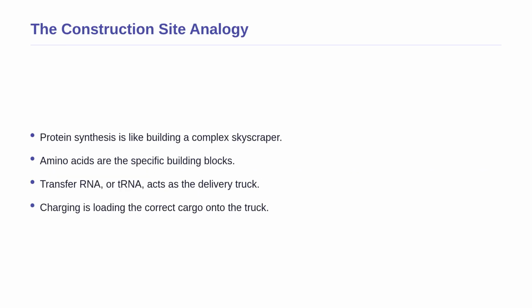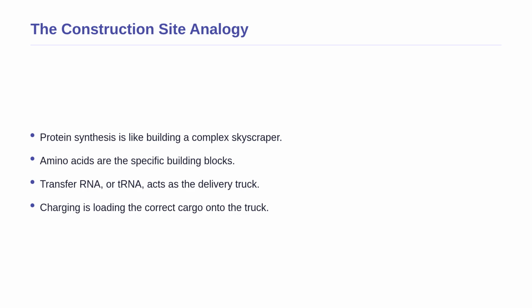To understand what is happening at the molecular level, let us imagine you are running a massive construction site. You are building a complex skyscraper, which represents a protein in the cell. To build this skyscraper, you need specific building blocks, which are the amino acids, delivered in an exact, predetermined order.